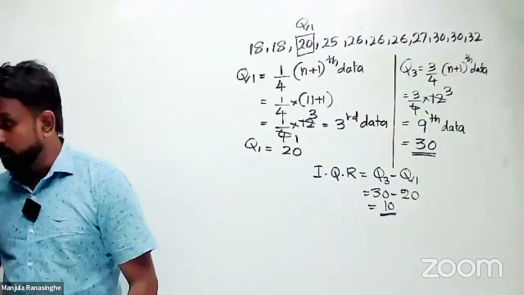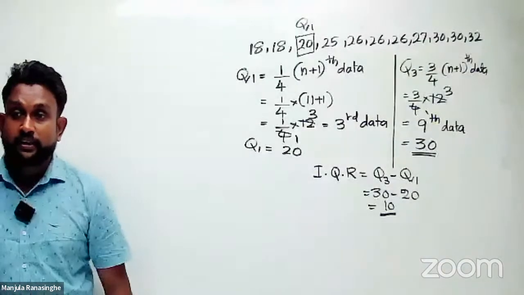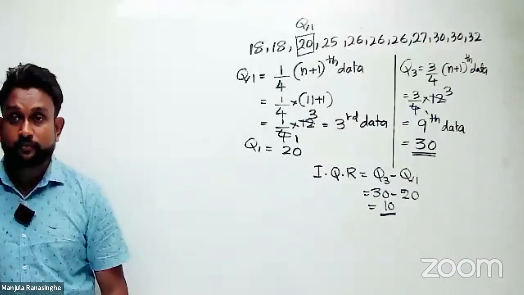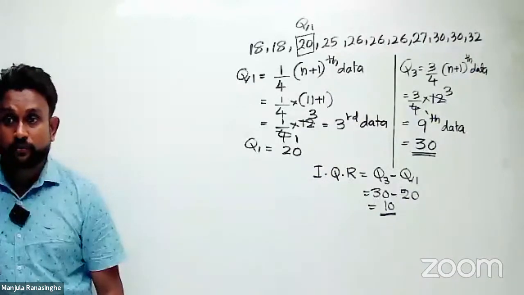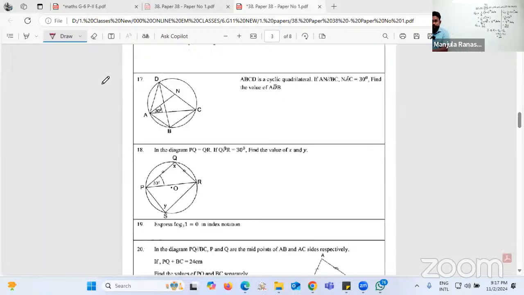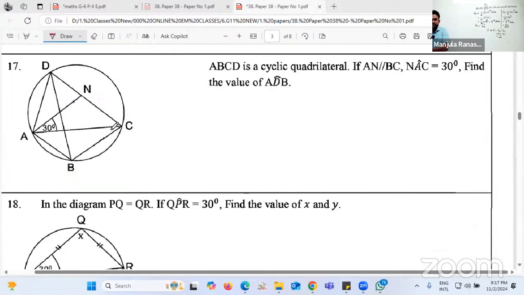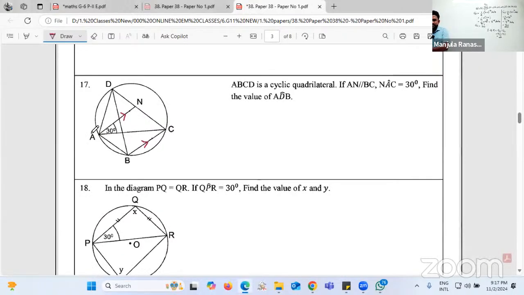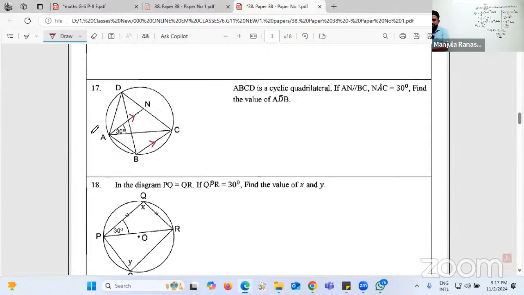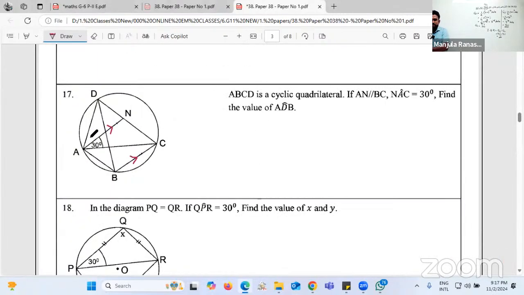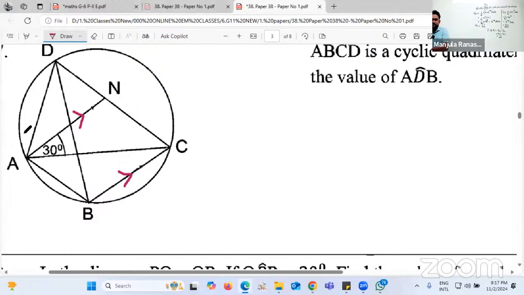Right, now we move to question number 17 in the diagram itself. ABCD is a cyclic quadrilateral, if AN is parallel to BC. NAC is 30 degrees. Find the value of ADB. They are asking to find ADB.